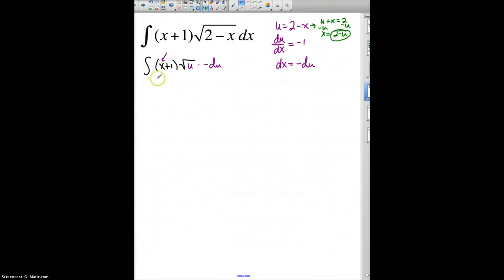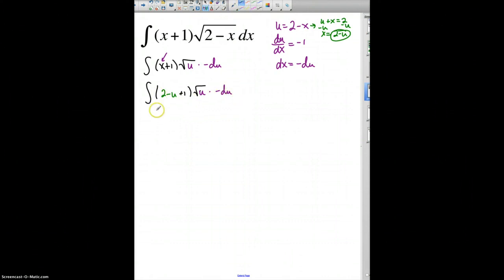So we're going to have the integral of x plus 1, and in this case our x is 2 minus u, times the square root of u, times negative du. So now we have only the letter u left.